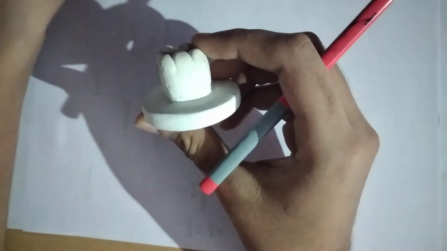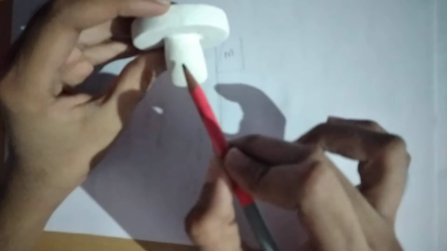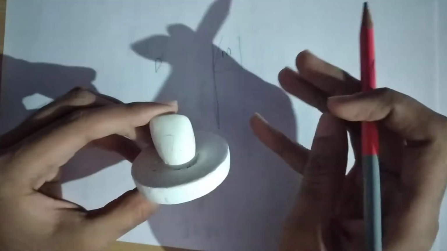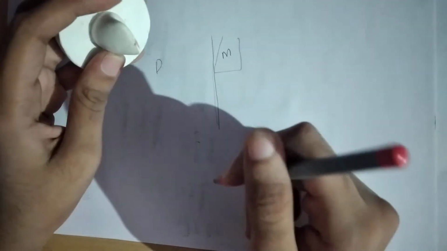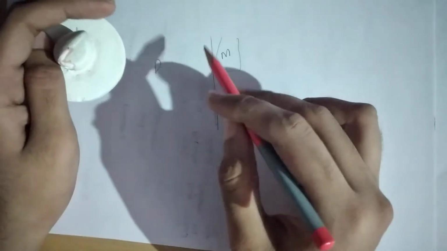Similarly, considering the posterior one, this is maxillary, so this is labial and this is palatal. For a mandibular central incisor, it will be lingual. For maxillary, the posterior aspect will be palatal, because the palate is present there.